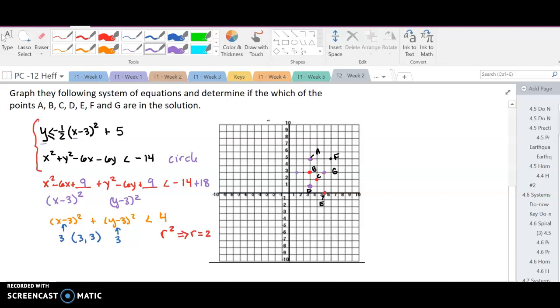And because this is a less than symbol, the shading is less than, or inside of, the radius. And because there's no equal sign underneath it, we don't include the circle itself. So I'm going to have a dashed circle. So my circle will be like this.